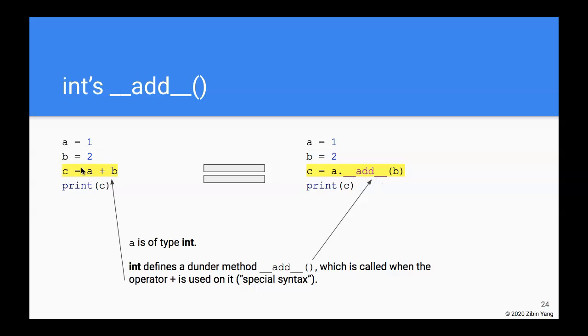So when Python sees the syntax a plus b, it knows to invoke int dunder add to add the a and the b, these operands, together.